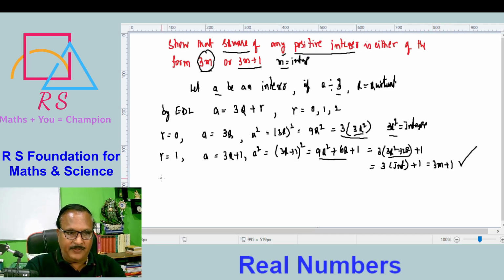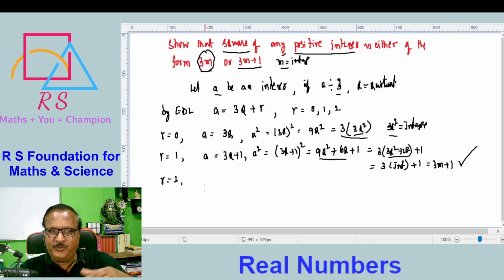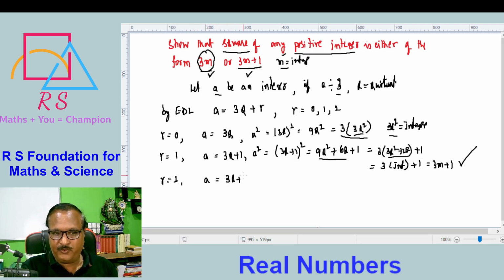So similarly you can write r is equal to 2 also. That means whichever of these three remainders you take, you should be able to put a square either in the form of 3m or in the form of 3m plus 1. So let us see whether we can write at r is equal to 2 in the same form or not. So a is equal to 3q plus 2.